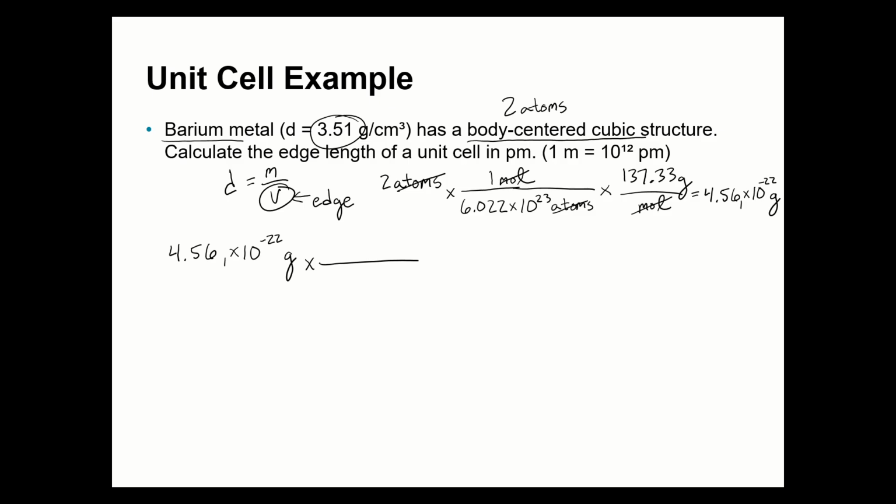So I'm doing a simple one-step unit conversion where the density needs to be flipped. So the 3.51 grams will go on the bottom, and that's per 1 centimeter cubed. So grams cancel, and I'm left with a volume in centimeters cubed.